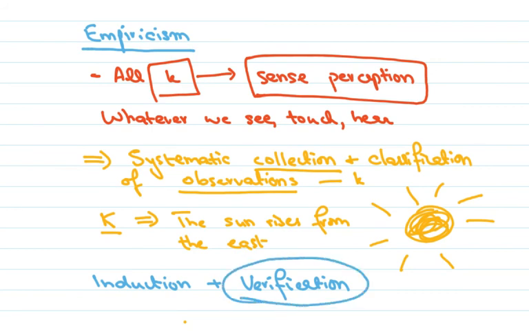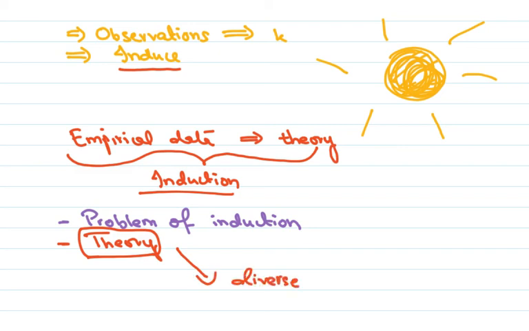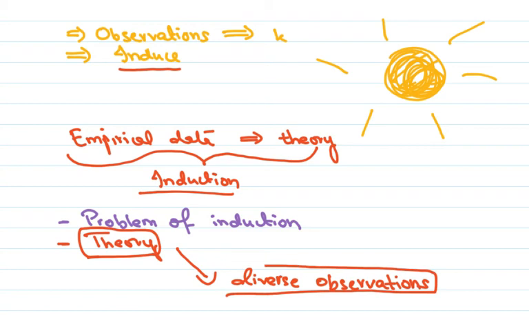The problem of verification is basically that when you're looking at different theories, a theory might be able to explain a host of very, very diverse observations, and may take all of these observations as evidence of the veracity of its own theory.